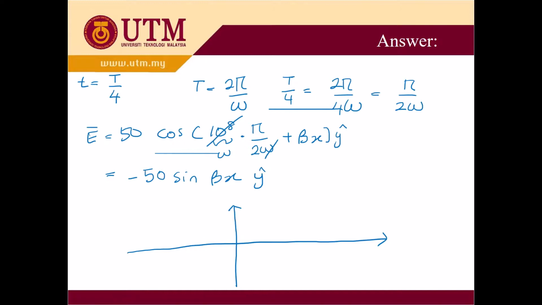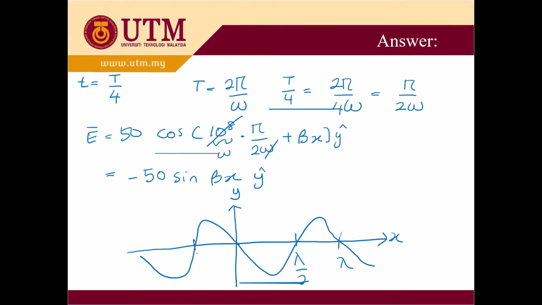Negative 50 is basically going down before it goes up, something like this. Here is the y direction, here is the x direction, this is lambda over 2, this is lambda, the full wavelength.